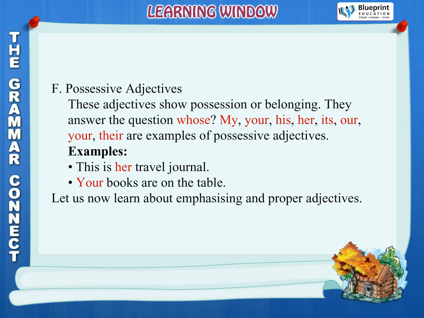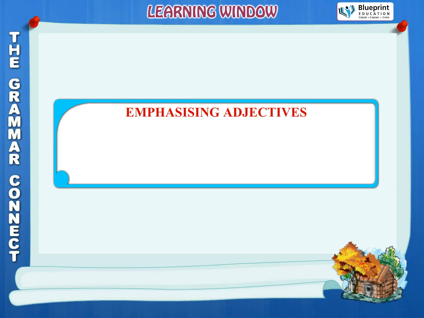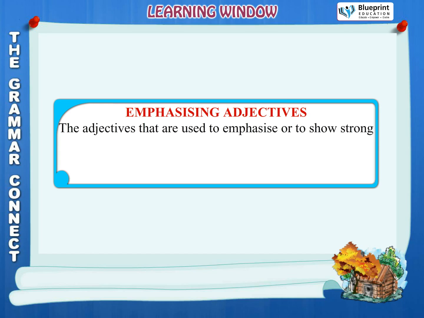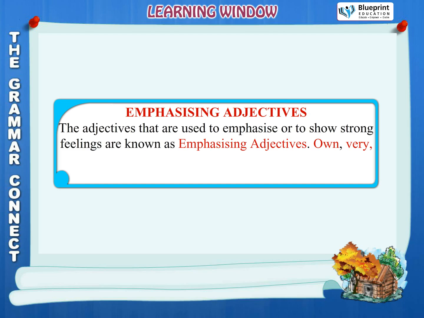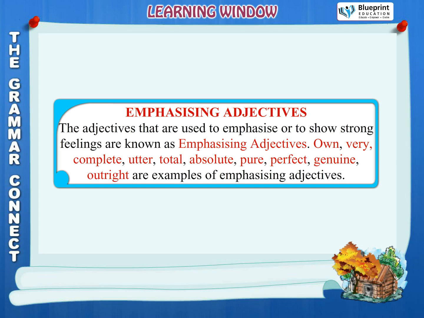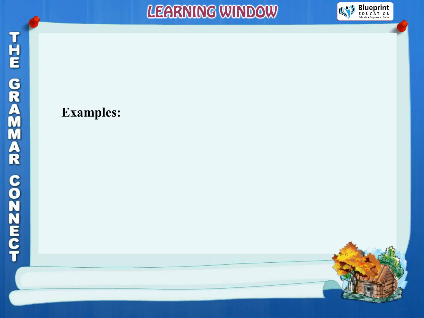Let us now learn about emphasizing and proper adjectives. Emphasizing adjectives. The adjectives that are used to emphasize or to show strong feelings are known as emphasizing adjectives. Own, very, complete, utter, total, absolute, pure, perfect, genuine, outright are examples of emphasizing adjectives.